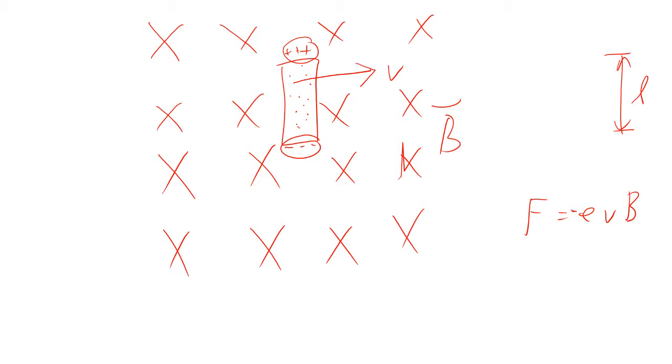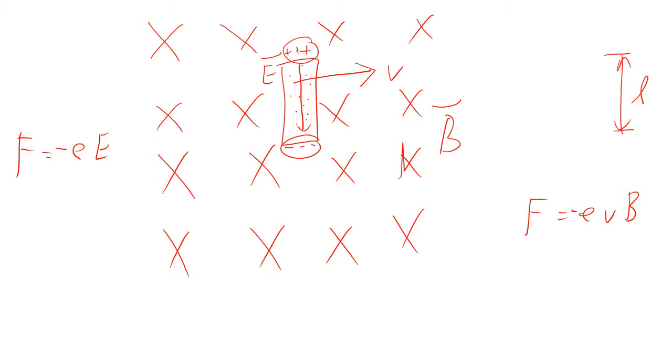And so as this thing is moving, you end up getting a difference in charge there. That difference in charge then creates an electric field. Well, we know that that electric field exerts a force on electrons too. The force due to the electric field equals QE. Again, it's an electron, so the Q is minus e.